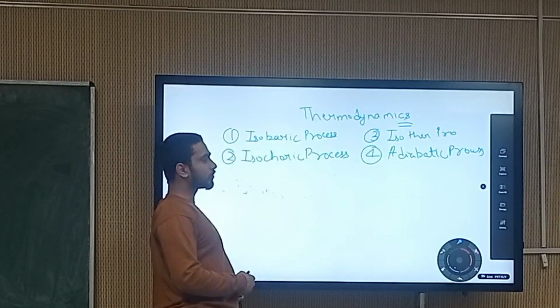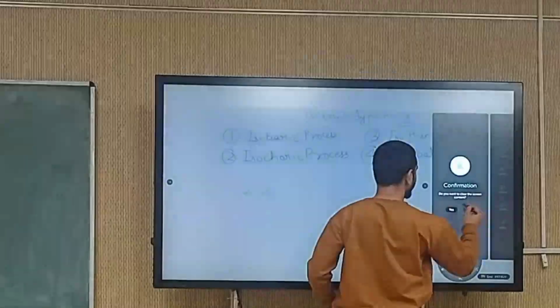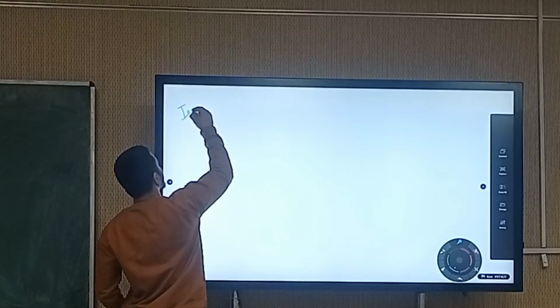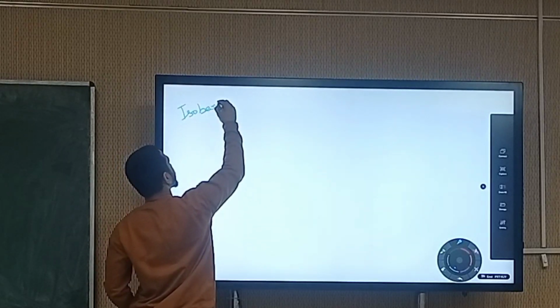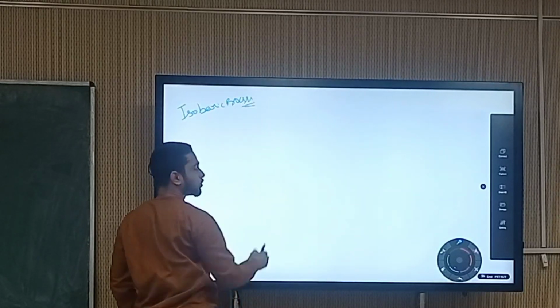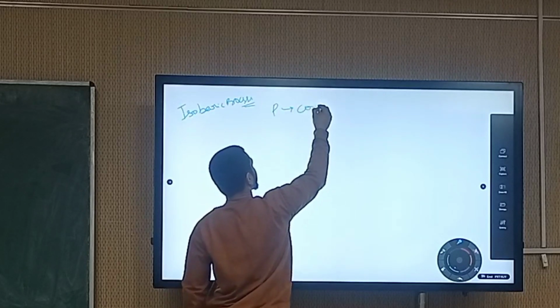Okay, so let's see in detail the graphs of the isobaric process. In the isobaric process, pressure is constant.